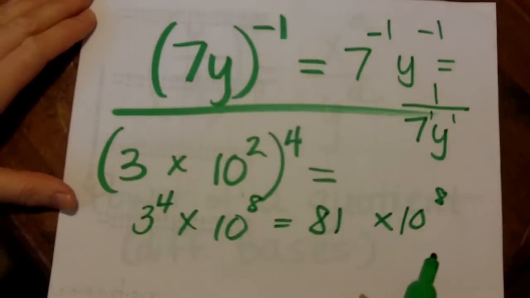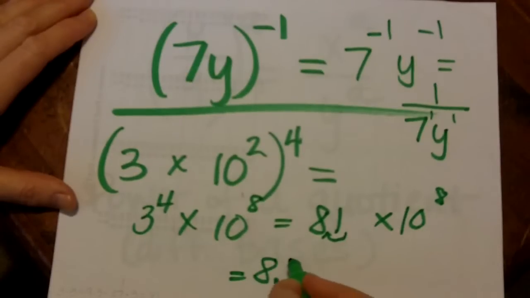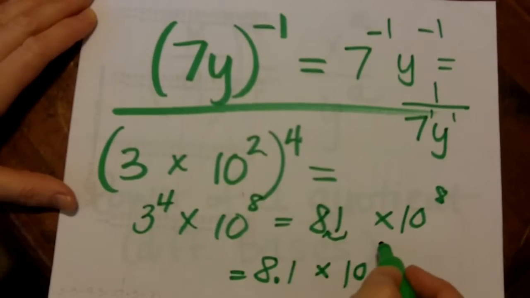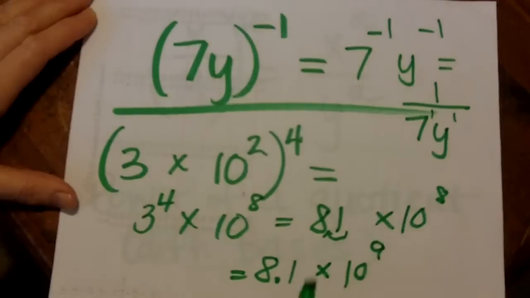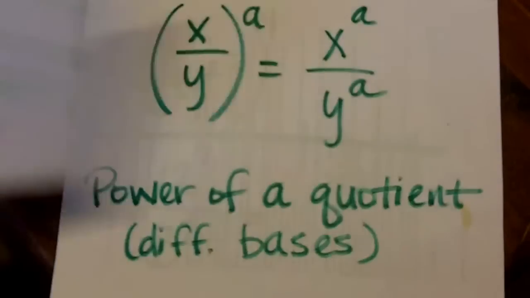And again, it is not proper scientific notation form. You would have to move that imaginary decimal to the left, get 8.1. Now, because we've made 81 10 times smaller, we're going to have to make this exponent bigger. So we end up with 8.1 times 10 to the 9th.